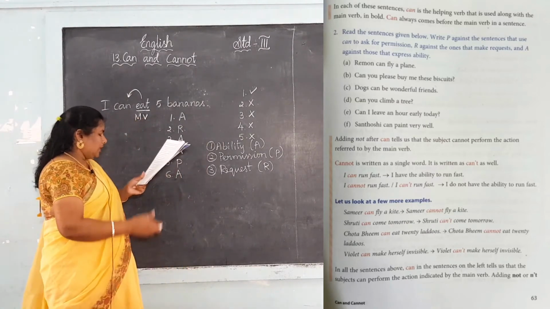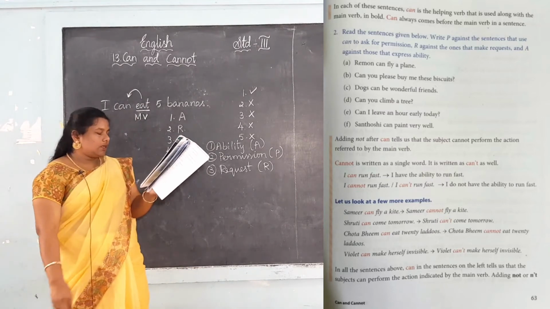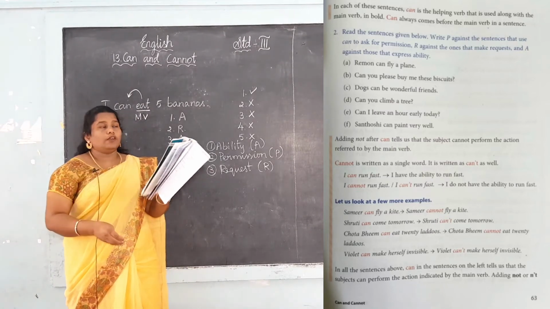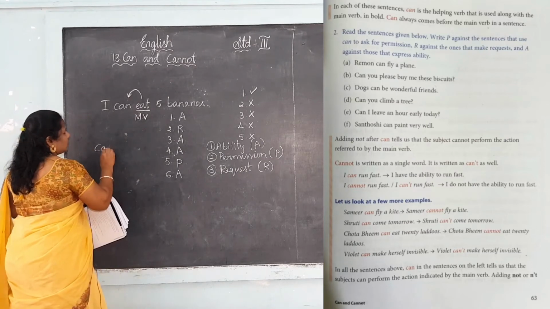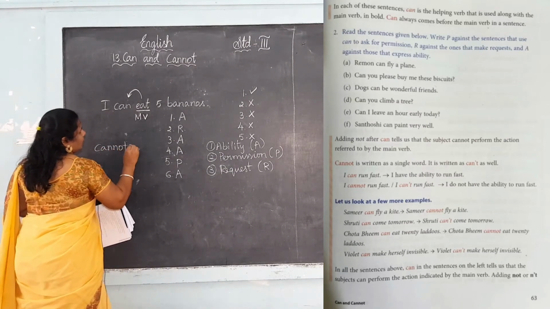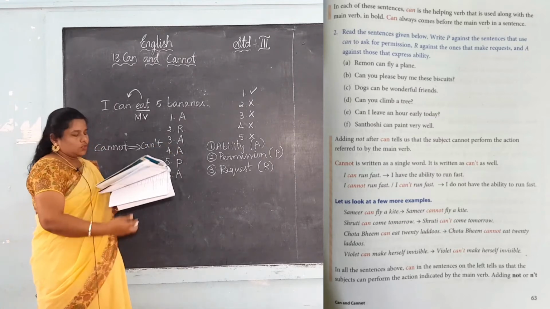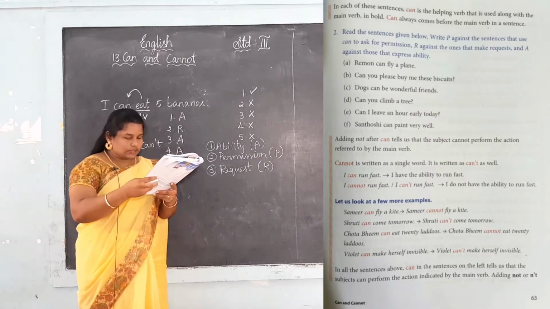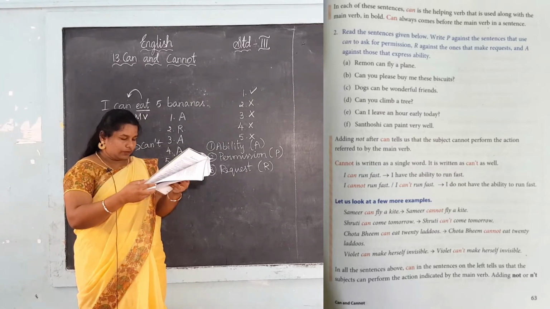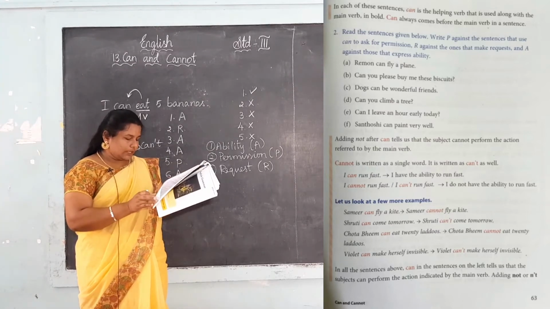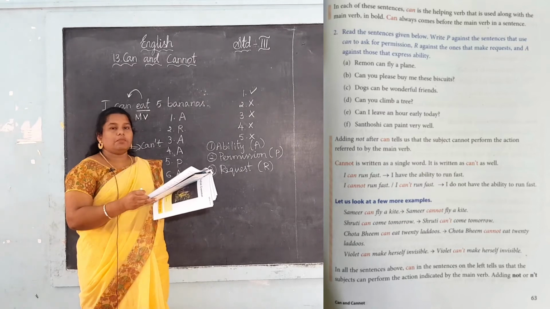Okay, next one, all these are like this. If we want to use the short form, what is the cannot short form? Yes, short form of cannot means can't. Okay, so in all these sentences, can in the sentence on the left tells us that the subject can perform the action indicated by the main verb.